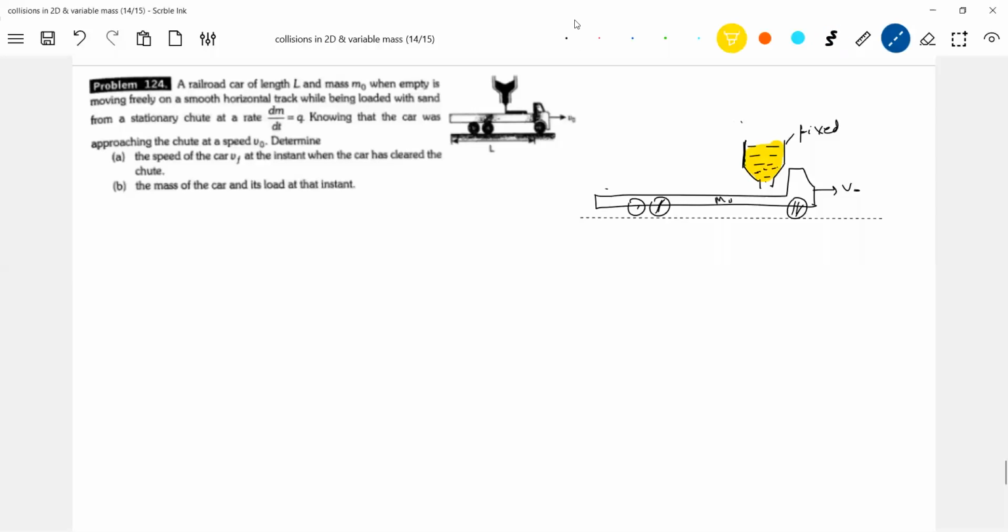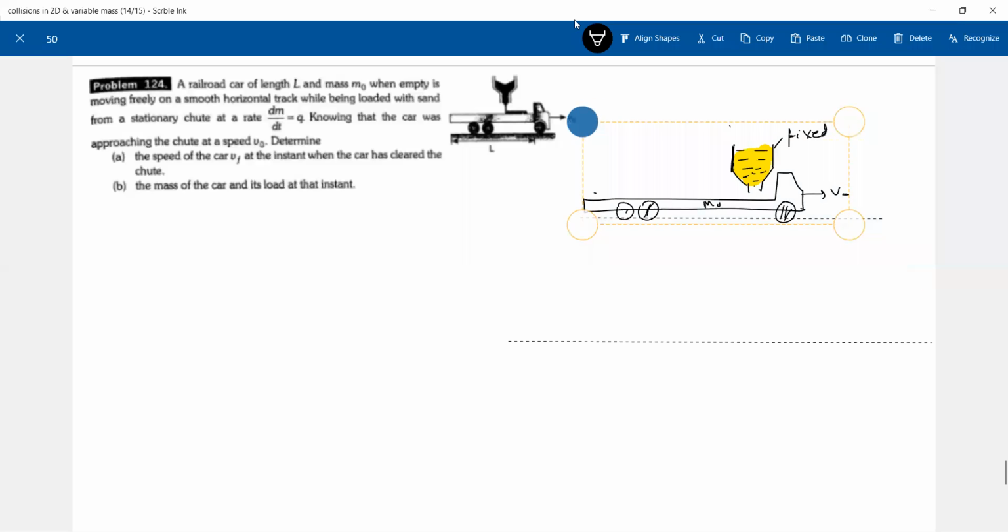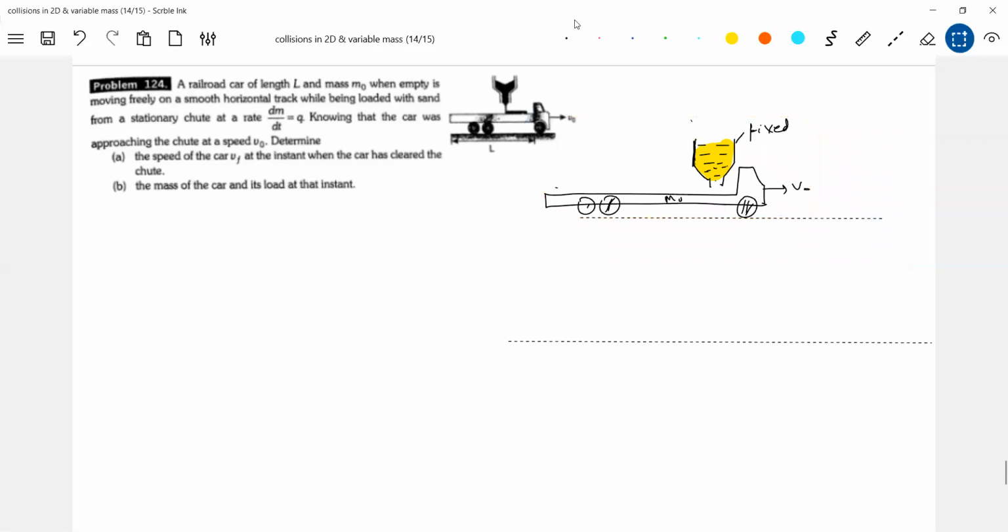Just some conservation of momentum is what I'm going to bring. That particular hopper, or it's called a chute, the position of that will not change.